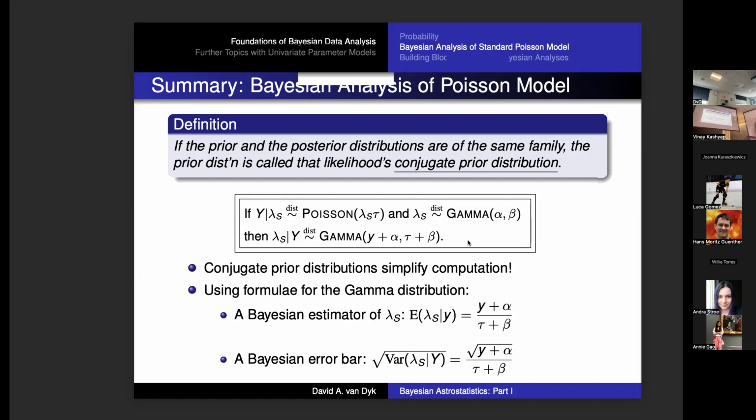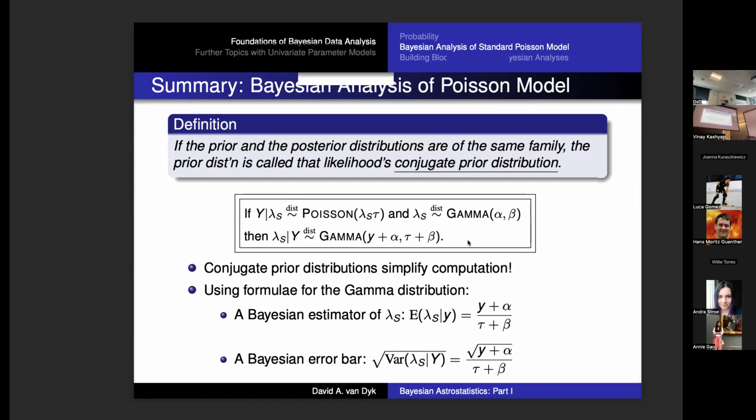What's nice about that is it lets you quantify precisely how much information you're bringing to the data. And if you're basing it on a previous experiment, it gives you a way to turn it into something meaningful. How long was that previous experiment? How many counts did you see? Maybe I just want to downweight the previous data. So even though I watched for 100 seconds, I'm only going to count it for 20 seconds or 5 seconds or something like that.